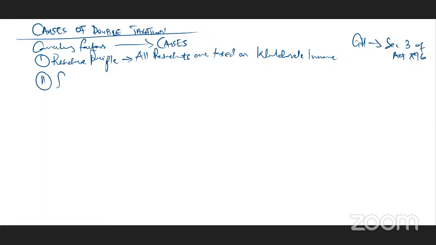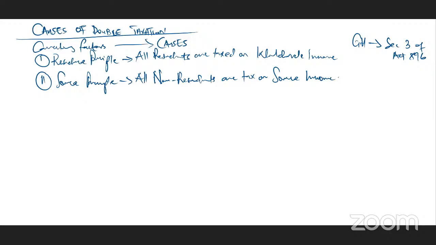Then we come to the source principle, and the source principle says what? All income that has a source in Ghana, or let me use all non-residents, are taxed on source income. So any income that has a source in that country must be taxed, not all non-residents, everyone.